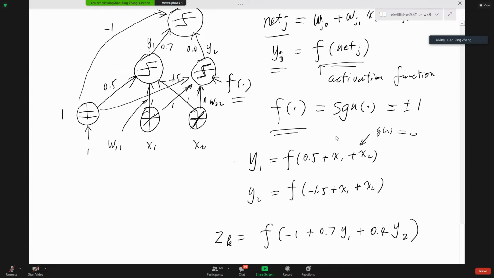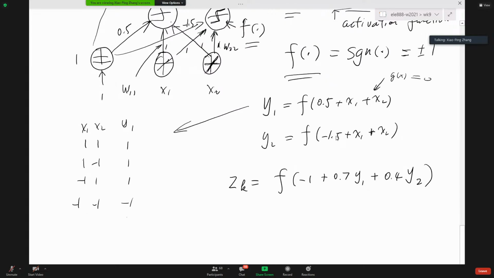Quickly, x1, x2: 1, 1, the output y1 is 1. 1, minus 1 gives 1. Minus 1, 1 gives 1. Minus 1, minus 1 gives minus 1. This is y1. Are we good?